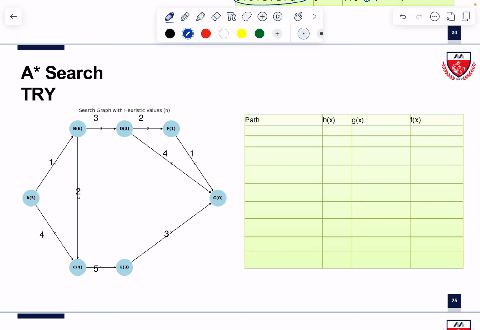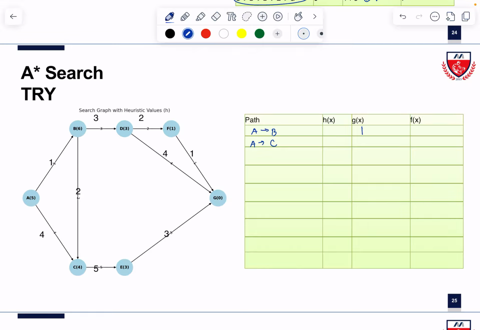Okay. So I will try to answer this. Sa A to B, lagay natin lahat ng possible paths. A to C. Okay na pa ba? A, B, A, C, wala na. So A to B, heuristic from A to B, that is actually is 1, actual cost.